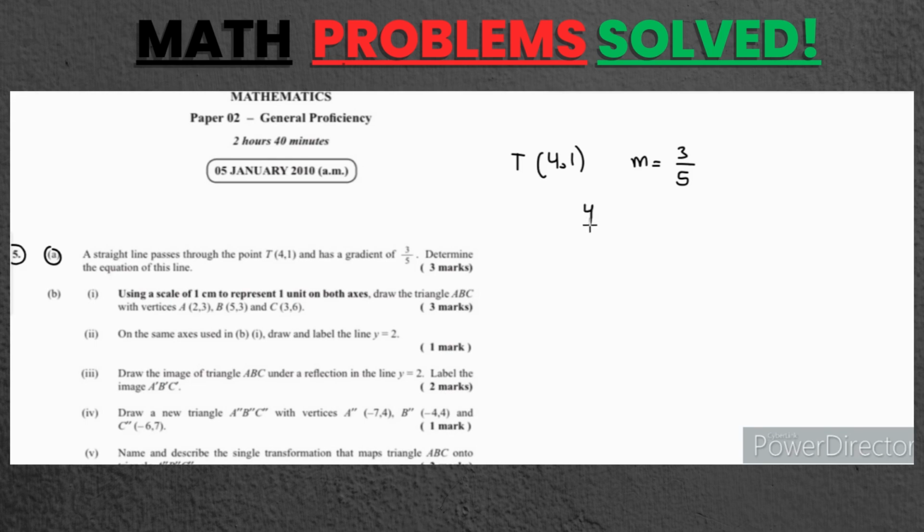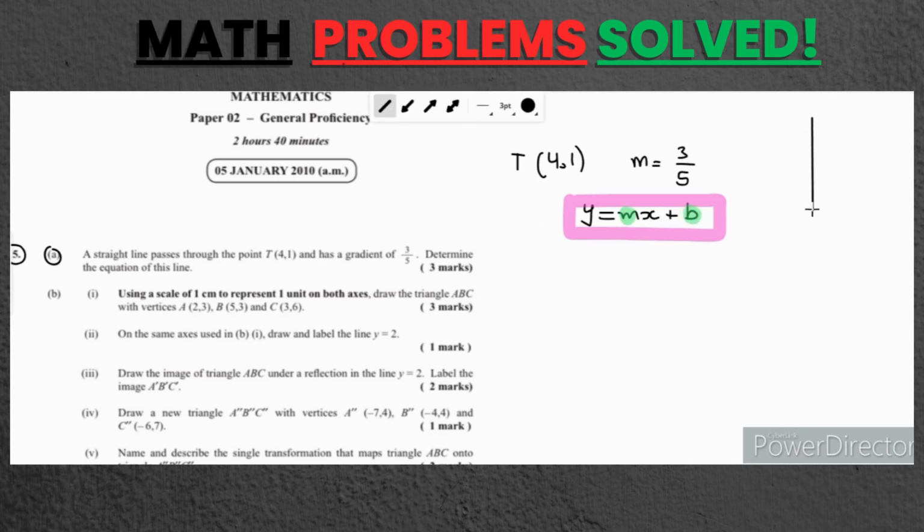The equation of the line is usually represented by y = mx + b, right? This is the standard equation of a line. Here we should know what m and b are. m is the gradient and b is the y-intercept.